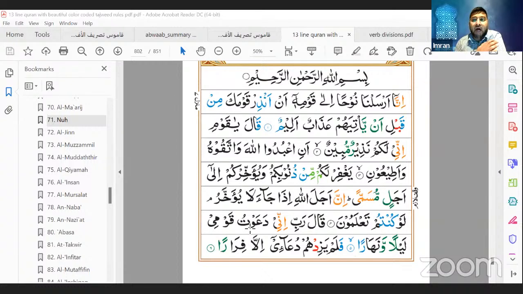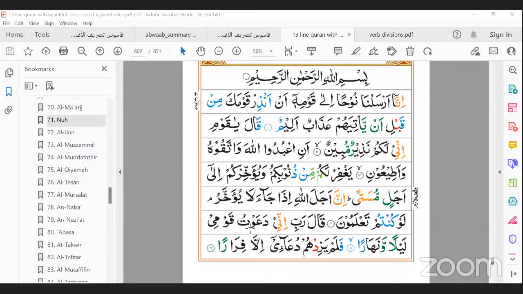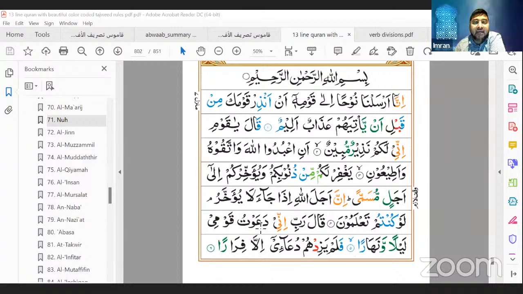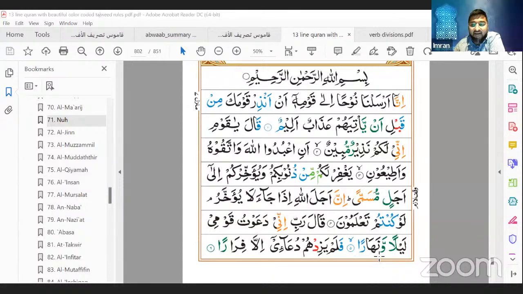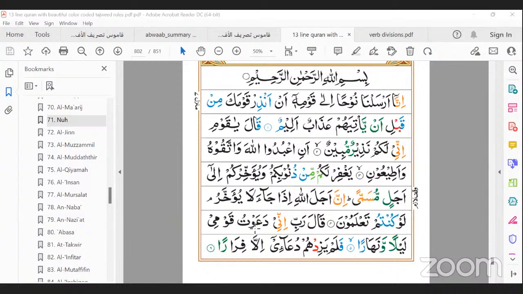So da'awtu means I called. Who called? Hazrat Nuh. Exactly. Qala rabbi inni da'awtu. Continue. Qawmi, my people. Laylan wa naharan, night and day. Exactly. So here the word da'awtu is the conjugation.